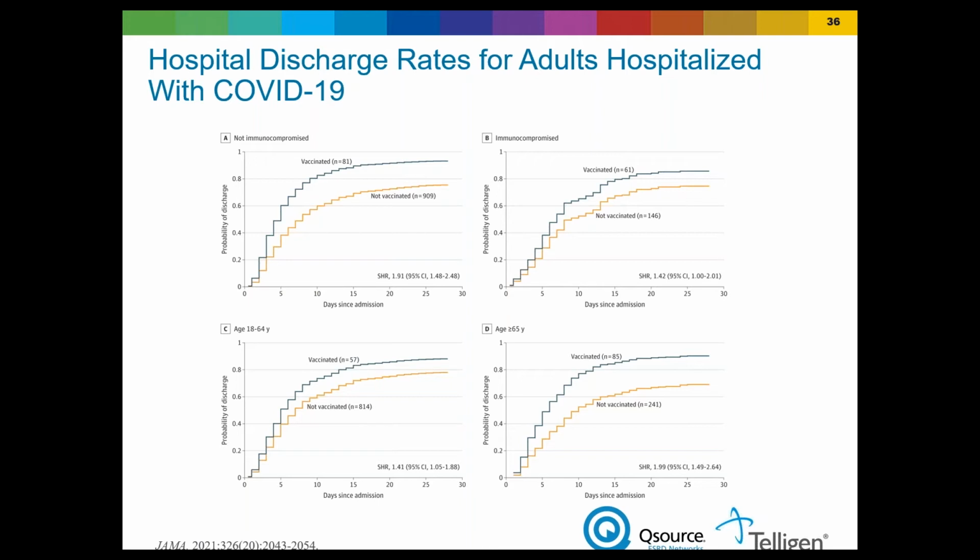The bottom panel looked at adults between the ages of 18 and 64 and those who were 65 or older. Again, the difference was wider in older adults and more protective for those individuals in terms of hospitalization success. Next slide.